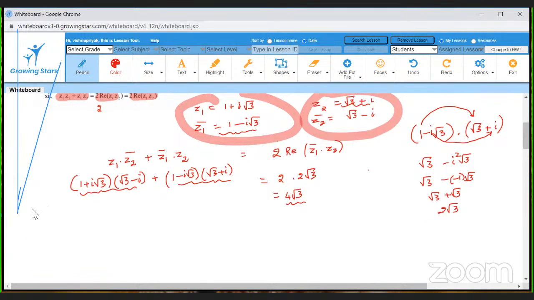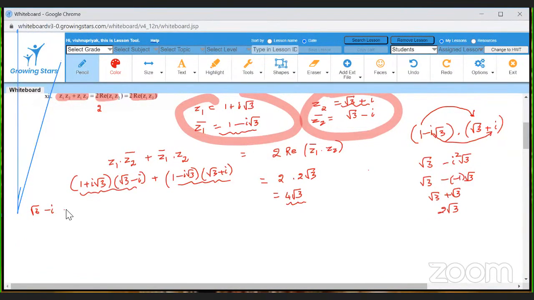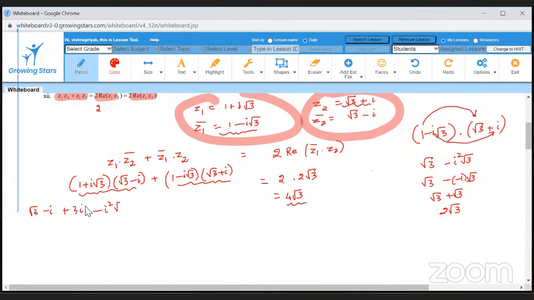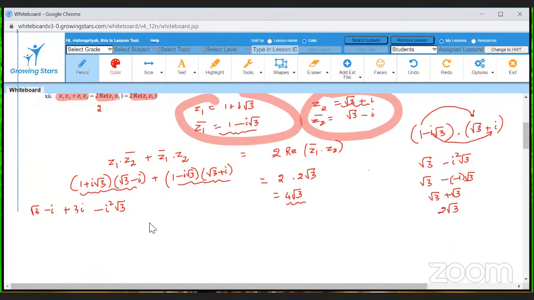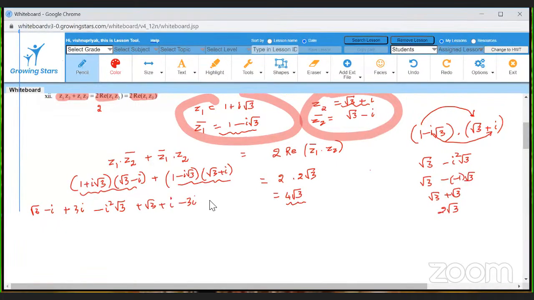Multiply and see the long process. Root 3 minus i plus 3i, then minus i square root 3. Like that you multiply and see. Here also you multiply root 3 plus i, then minus 3i, minus i square root 3. See, minus i plus i cancels, 3i minus 3i cancels.